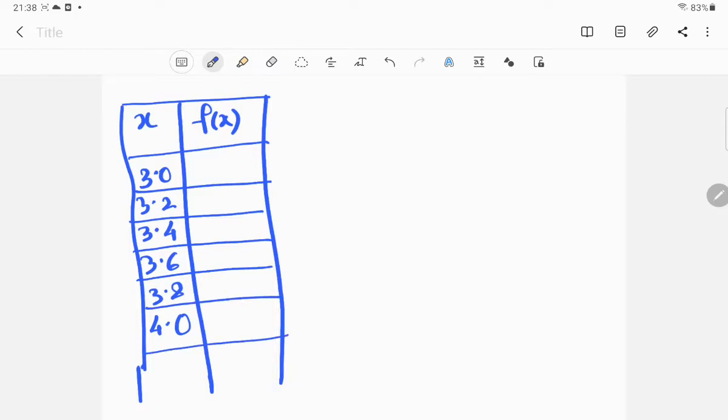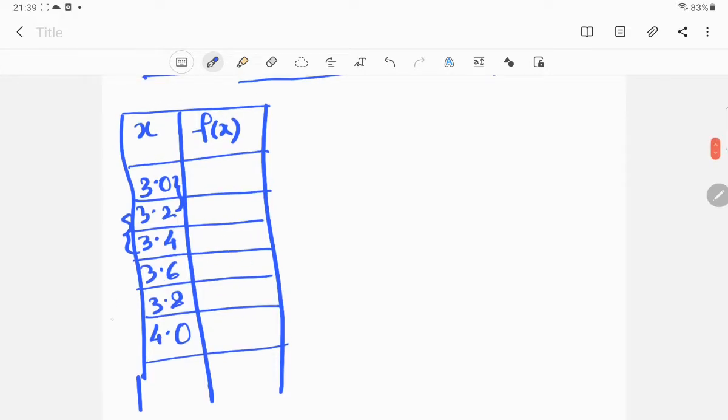You can see that the gap between 3.0 and 3.2 is 0.2. Similarly 3.2 and 3.4 is 0.2. So if I ask you the step length, you can write h is nothing but 0.2. From the data itself you can easily find it out.